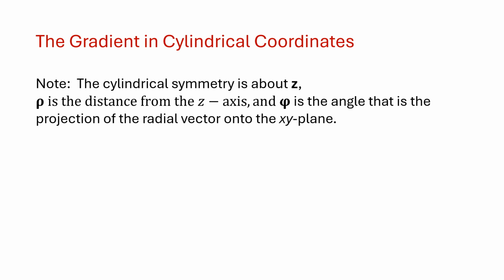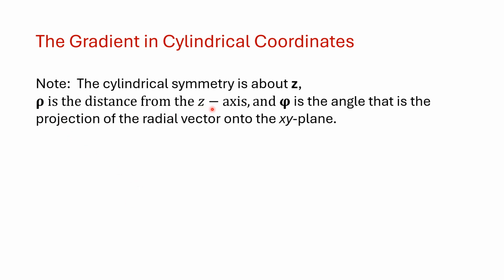In a cylindrical system, we're going to have a cylindrical coordinate system about the z-axis. Now the z-axis, if I had a cylinder like a wire, we would lay that wire in the z-axis. However the wire is oriented, that's the z-axis.